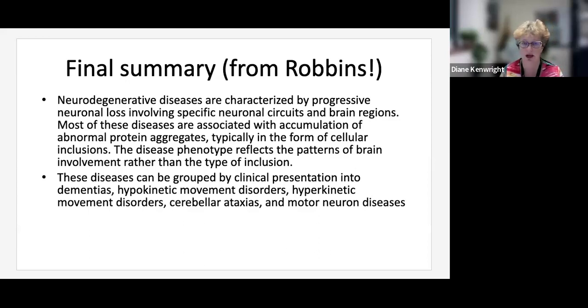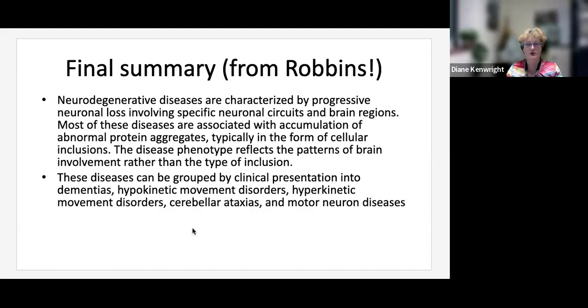That will help you diagnose the disease. They're often grouped into the dementias, the hypokinetic movement disorders like Parkinson's, the hyperkinetic movement disorders like Huntington's disease, cerebellar ataxias, and the motor neuron diseases.